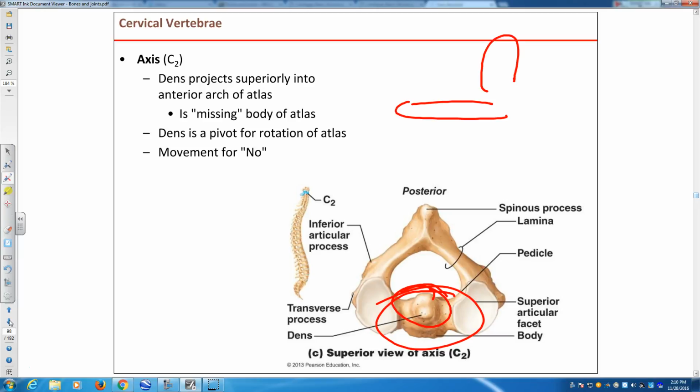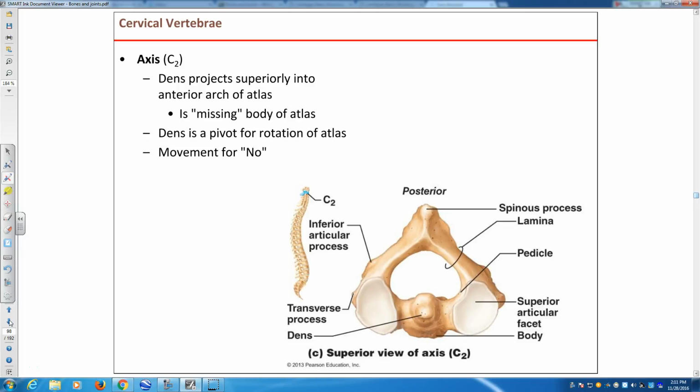Okay? I can't separate them to save my life. So that dens, you can kind of see it here.